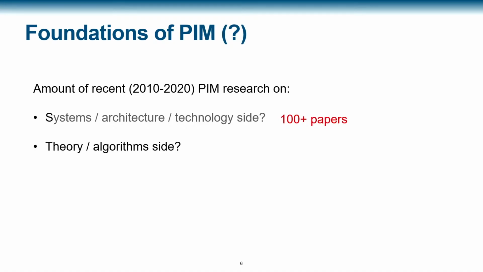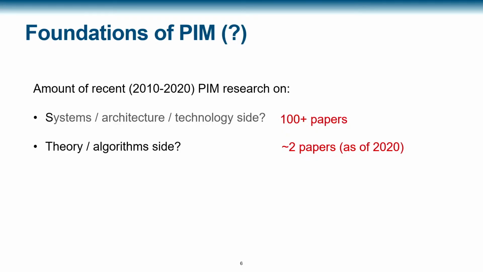I looked in the literature and heard these talks, and there are hundreds of papers. There's an entire, fervent activity in the architecture community, the computer systems community, and so forth. Maybe a common theme of this workshop is: where was theory? We could only find 2 papers as of 2020, when we started this work, that had anything to do with algorithms or theory.